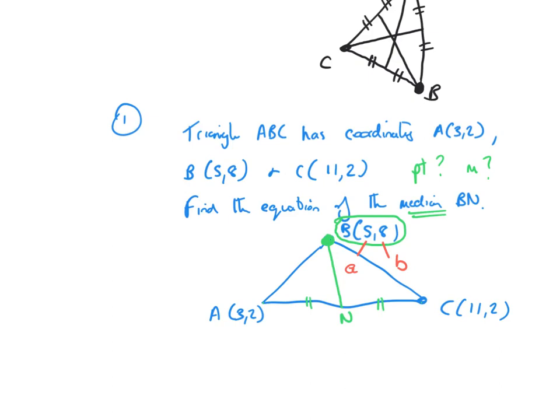Now my next task is to find the gradient. To find the gradient, I'll need 2 points that lie on the line. I've only got one of the points that lies on the line. So how am I going to get the second point? Well, that is the midpoint. So what we need to do is find the midpoint of AC using the midpoint formula, x1 plus x2 over 2, and y1 plus y2 over 2. You'll remember using that from the perpendicular bisector stuff.